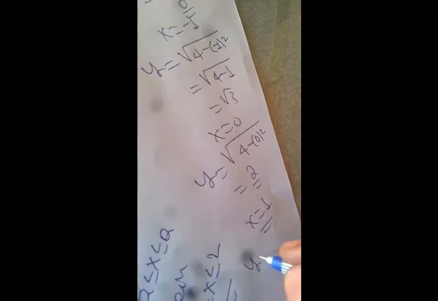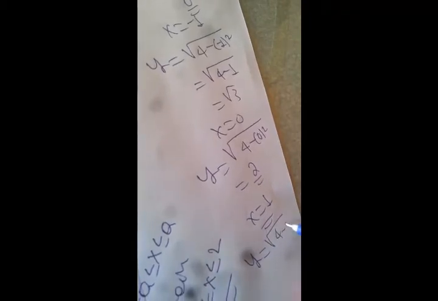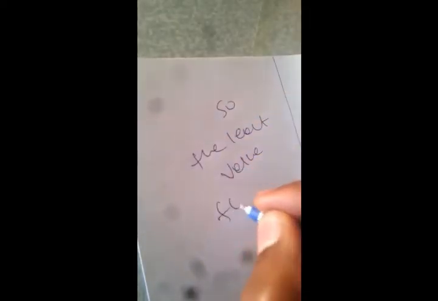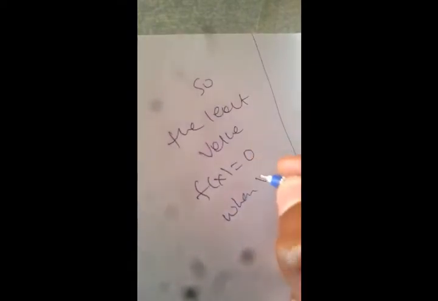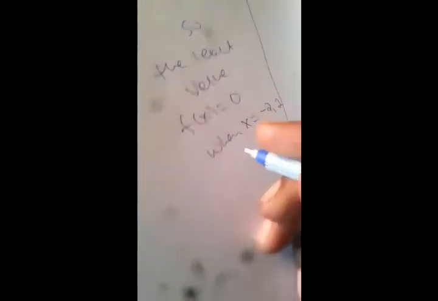And when x is equal to 1, y is equal to the square root of 4 minus 1 squared. It becomes what? Root 3. And when x is equal to 2, y is 0. So f of x is equal to 0 when x is either negative 2 or 2.